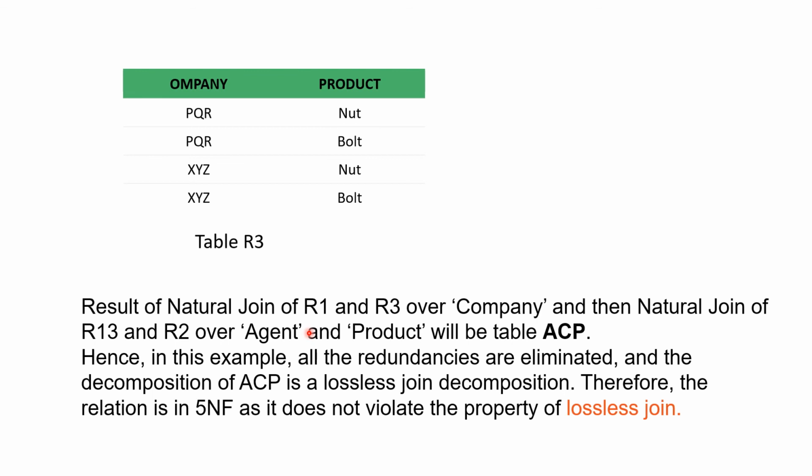So now we have again reached where we started. Hence, in this example all the redundancies are eliminated and the decomposition of ACP is a lossless join decomposition. Therefore, the relation is in 5NF as it does not violate the property of lossless join. Thank you.